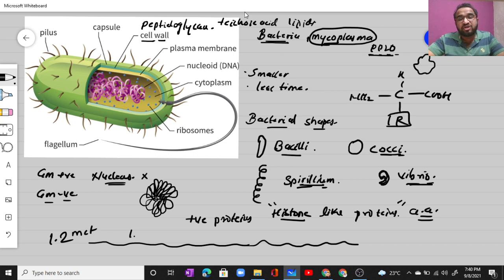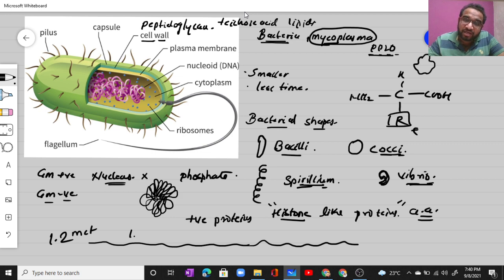If this R chain is basic, the charge is going to be positive, and because of these positively charged amino acids, the proteins become positively charged. The DNA is negatively charged because of the presence of phosphate, right? So the positive and the negative attract, and that is how the packaging of the DNA takes place with the help of the histone-like proteins.